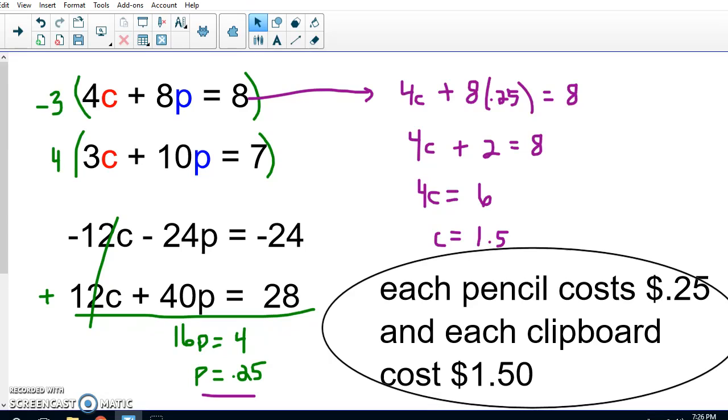So the modeling and drawing of the picture provides the students more of an understanding of what they're actually trying to answer and what those letters represent. So even in the algebraic portion, we get the same answer that each pencil costs 25 cents and each clipboard is $1.50, but with the modeling, it makes more sense. I hope you enjoyed it. Thank you for watching.